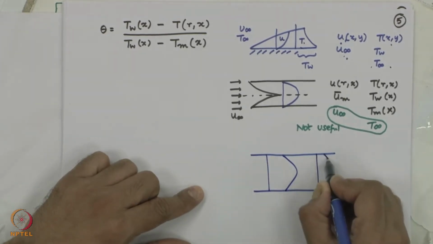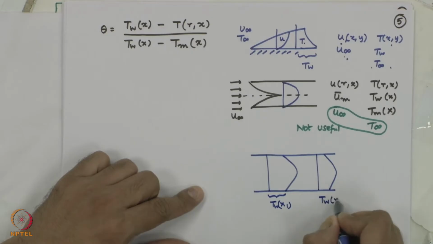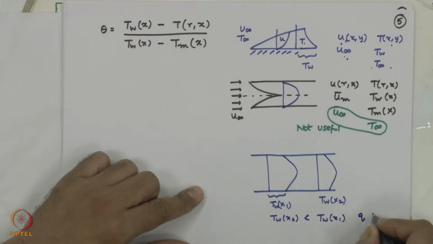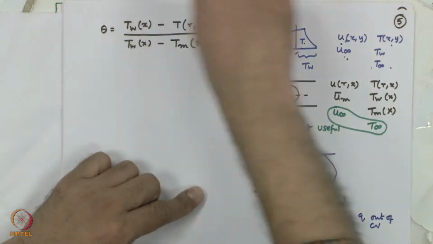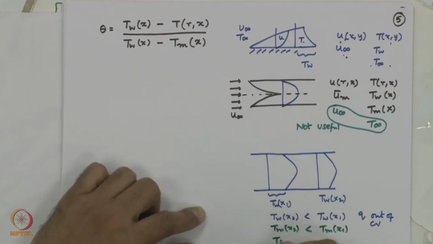Thicker here, T wall at x2 would be smaller than T wall at x1, meaning Q is going out of the control volume, heat is leaving the control volume. Similarly, T bulk mean at x2 is going to be less than T bulk mean at x1, and T local r comma x2 is going to be lower than T local r comma x1.